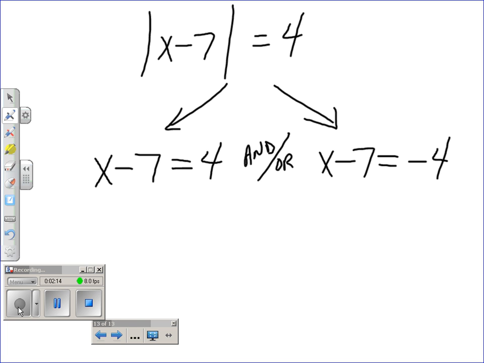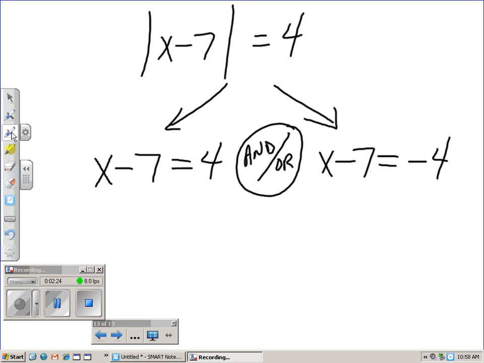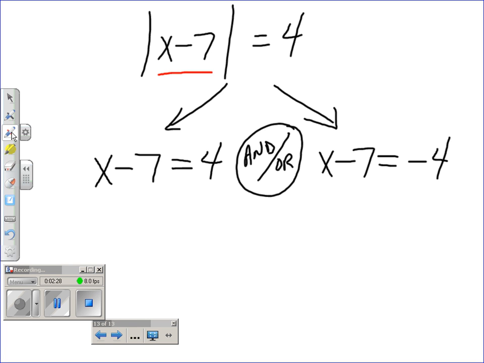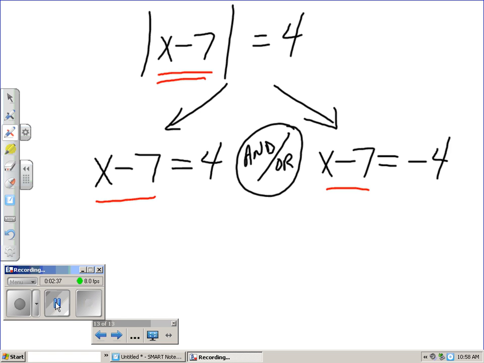I'm not going to get into the difference between and or. I don't care which one of these words you use. I mean, there is a difference, but we're not going to go into that in this course. The only thing that I care about for this assignment in this course is that you put what's inside the brackets equal to 4, or what's inside the brackets equal to the opposite of 4, or negative 4.